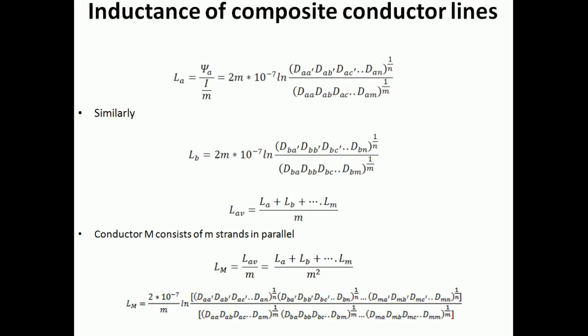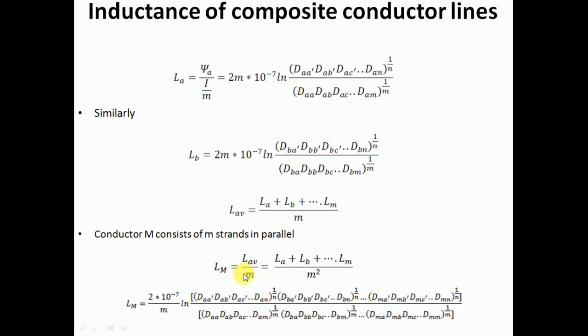That particular relation is similar to the parallel connection of resistors. So we will obtain the inductance of the total conductor M from the inductance of a single conductor, which is obtained by taking the average value. So L average represents the inductance of a single subconductor.